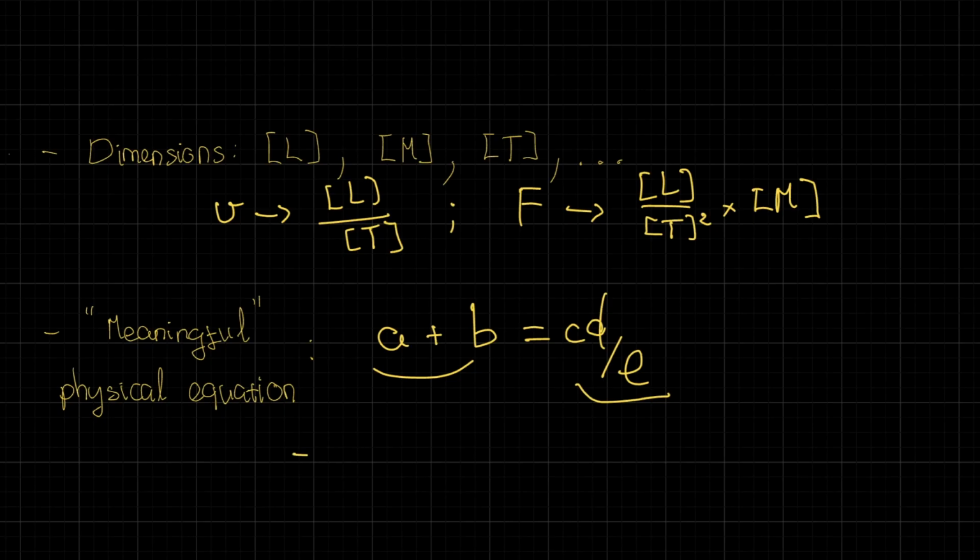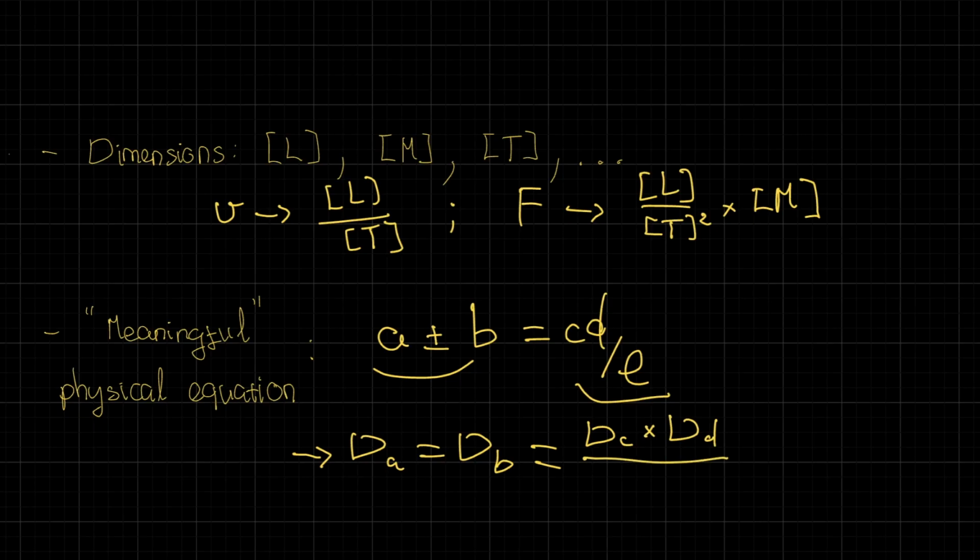What I mean here is that the dimension of A equals the dimension of B, and this also holds if it is a minus. On this side, we will have the dimension of C times the dimension of D over the dimension of E. So looking at this, you can understand how this calculation works.